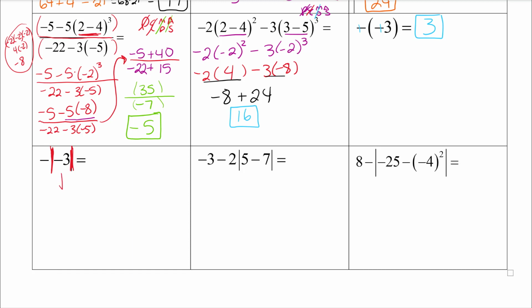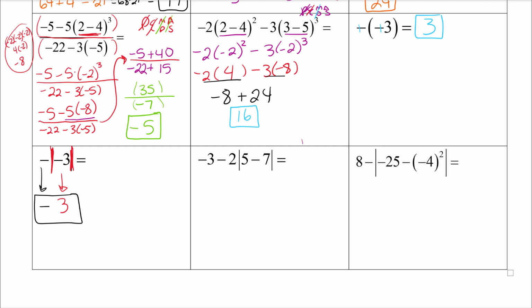So inside the bars becomes positive 3, but you still have this negative out in front. So the answer is going to be negative 3. The absolute value makes it positive, but bring down the negative. That's not the same as the one we just did. Negative times a negative 3 is a positive 3. That's with parentheses. But with absolute value bars, you actually have to evaluate the absolute value.